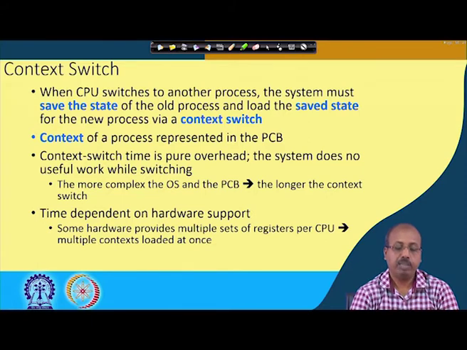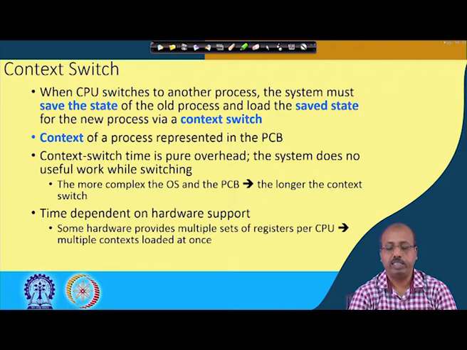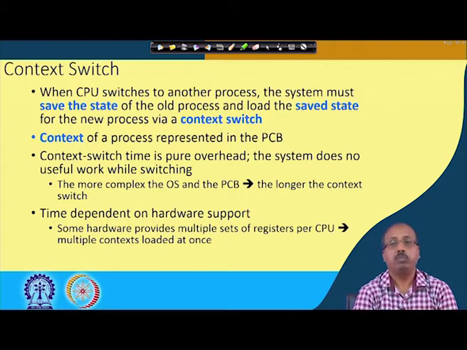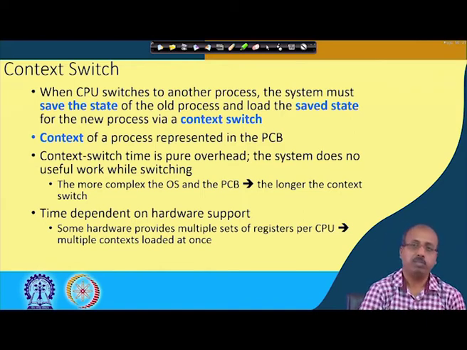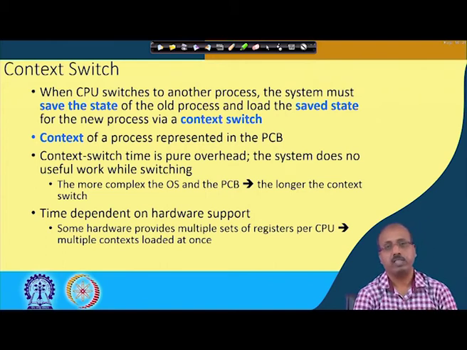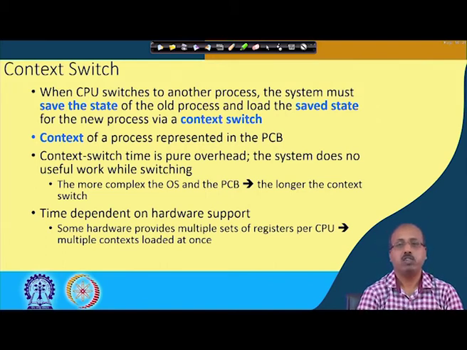Then there is the time dependence on hardware support. Some hardware provides multiple sets of registers per CPU. For example, if you look at 8051 or ARM processors, you will find that there are multiple CPU register sets. So, if you want to go from one process to another, one process's context is stored in one set of CPU registers, and another process's context is stored in another set.